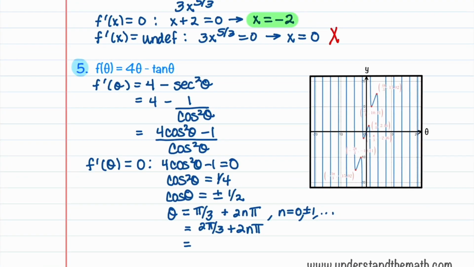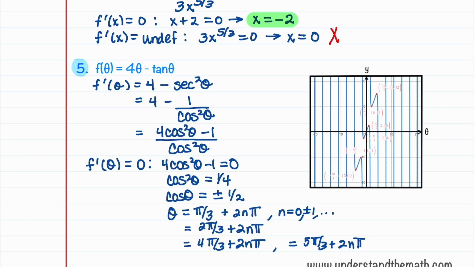In our third quadrant, we have 4 pi over 3 plus 2n pi. In our fourth quadrant, we are going to have 5 pi over 3 plus 2n pi. I have a lot of videos on trigonometry if you need to review any of that.